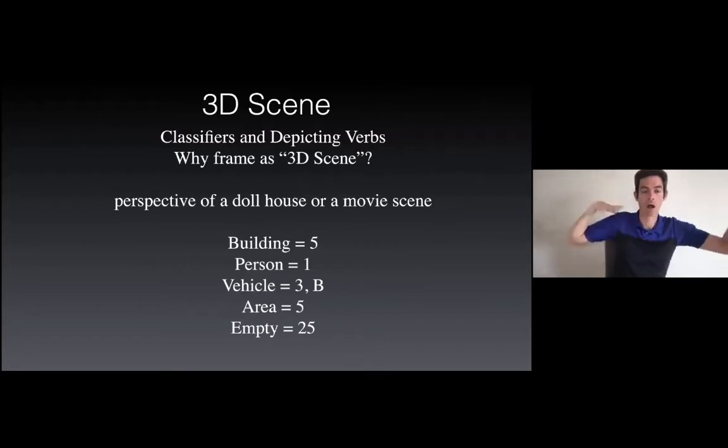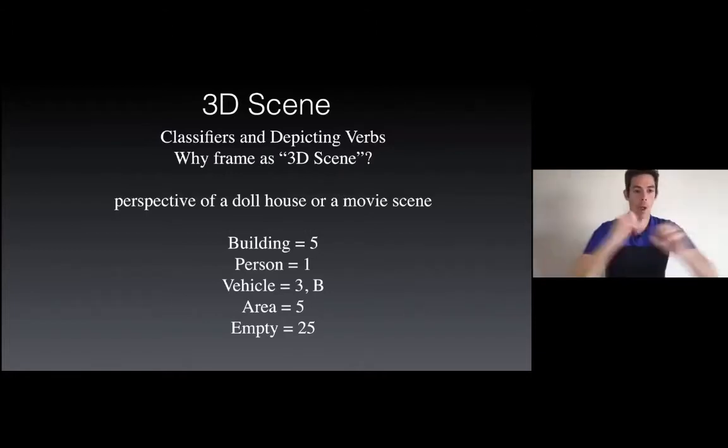So I can shrink it all down. Like a car is huge, but then I can shrink it down to just a hand shape. And so you can bring something that's very big into a smaller space, like a dollhouse view. So I was trying to think of some other word other than scene, and I couldn't come up with anything. This is the best thing I can think of for right now.